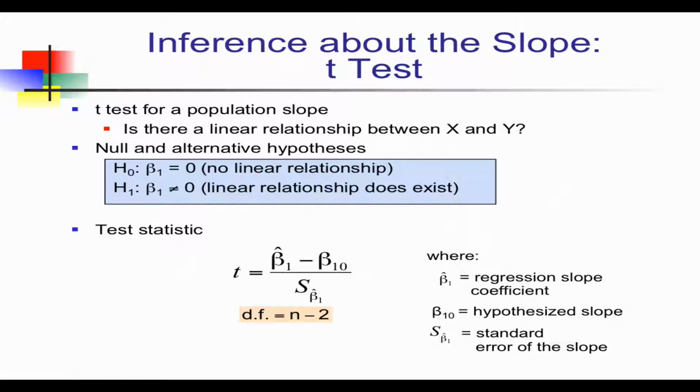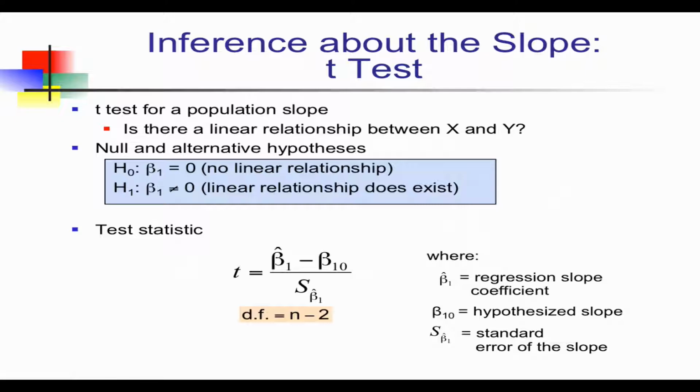And then here we use n minus 2. That is, in addition to the grand mean, you also use 1 degree of freedom for y hat. So essentially, from n, you use 1 degree of freedom for y bar, and then another one for y hat. So your effective degrees of freedom is n minus 2.